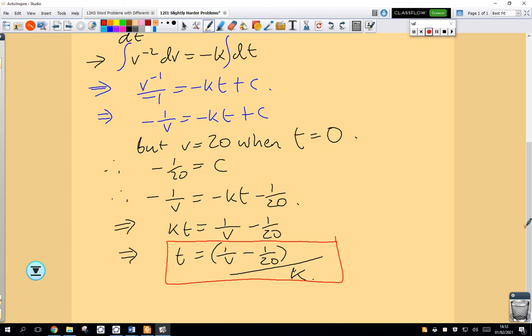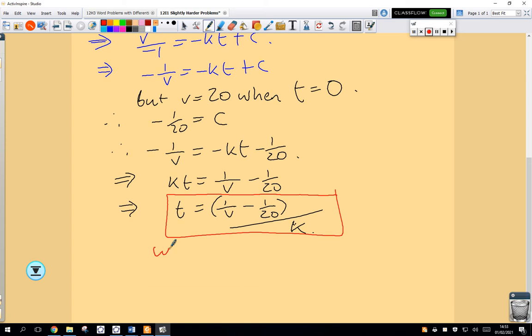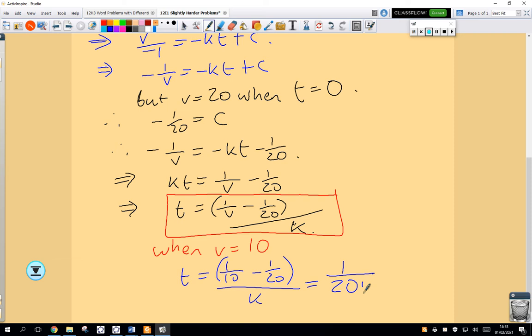So when v is equal to 10, the time is going to equal 1 over 10 minus 1 over 20, all over k. 1/10 is 2/20. 2/20 minus 1/20 is just 1/20. Dividing 1/20 by k will give me 1 over 20k.